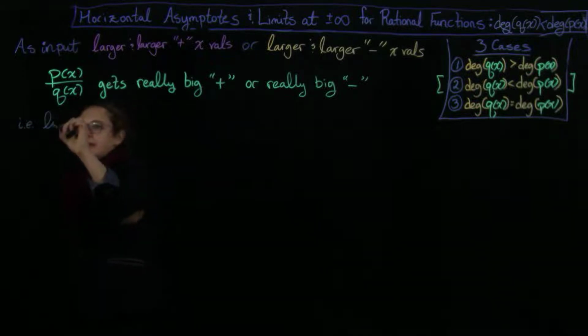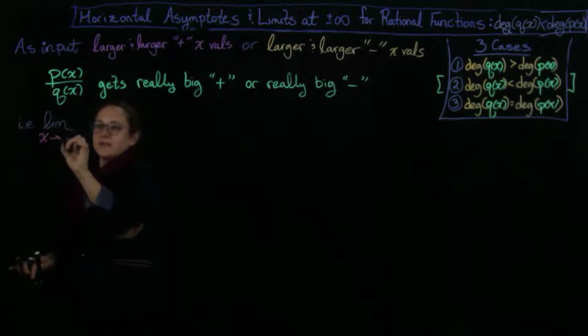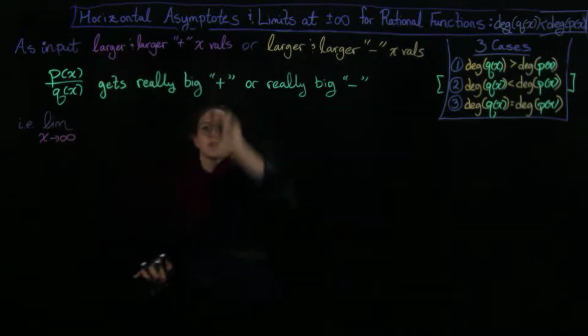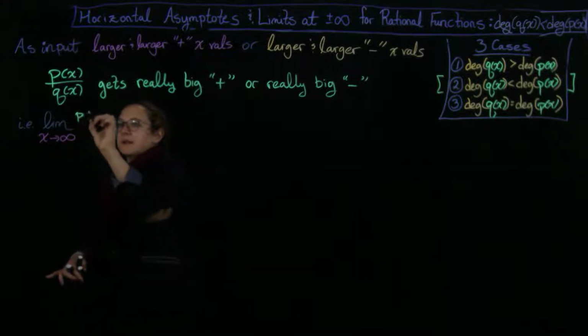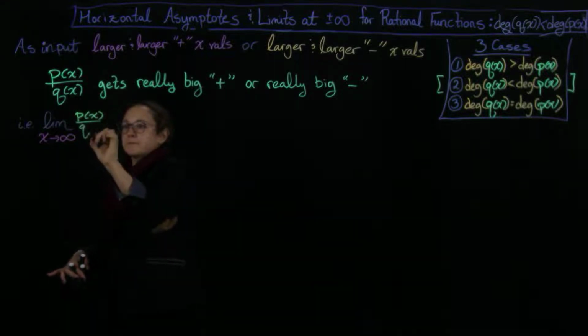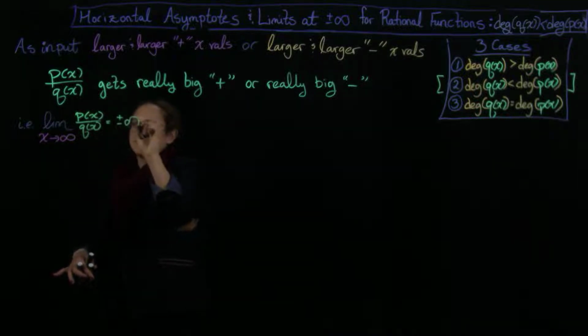The limit as x goes to infinity, so that corresponds to larger and larger x values. This limit of p of x over q of x is going to equal plus or minus infinity.